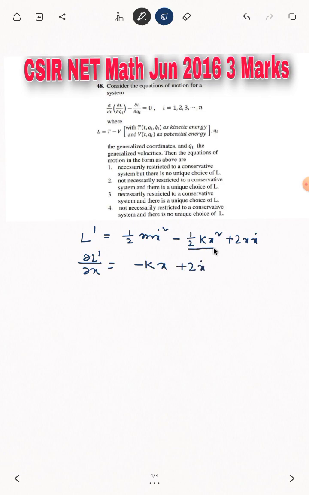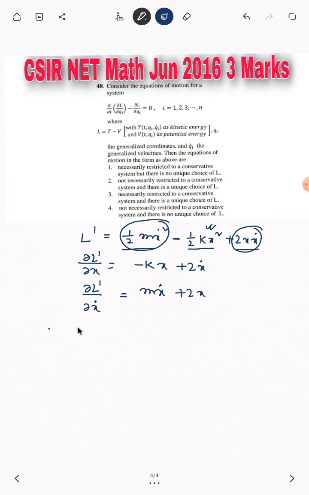Clear? We have taken partial derivatives here and here. This term is free from x, so we should not bother about that. And next, del L dash by del x dot is equal to m x dot plus 2x, because this term is not containing x dot, so we should bother only about this. And now let us put these values in the left hand side.